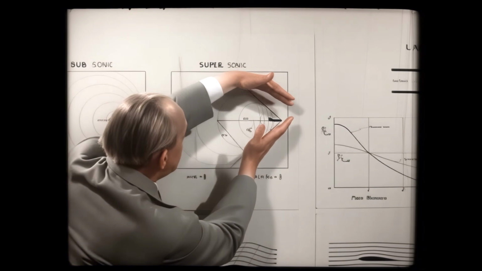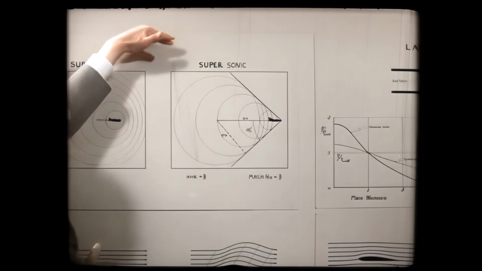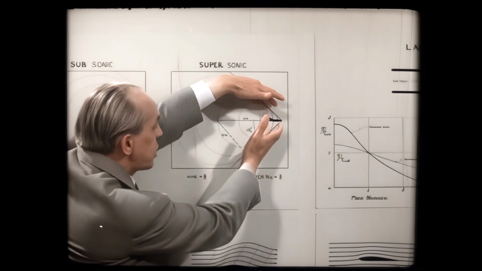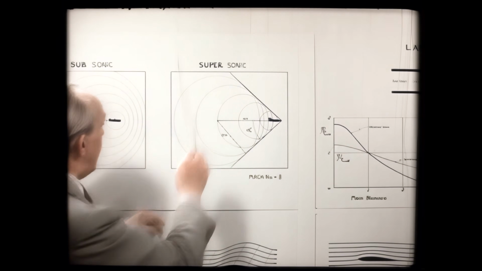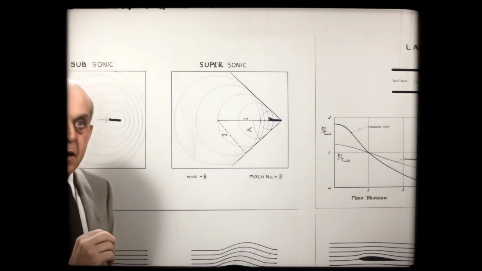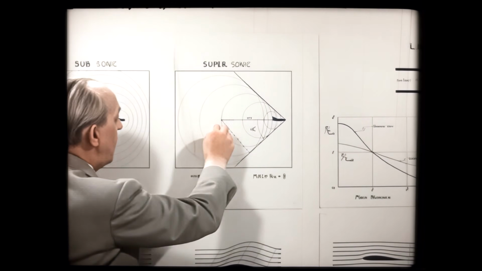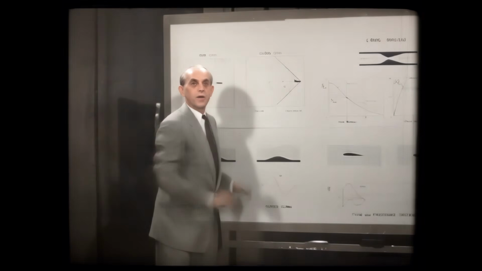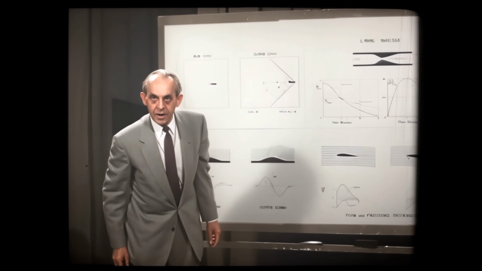And there is a very distinct cone formed in which only the air can be under the influence of the pressure field around this airplane.